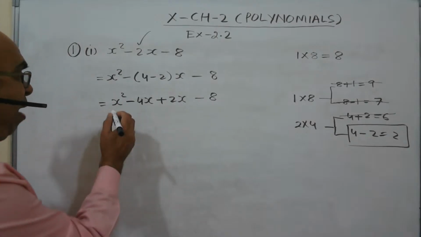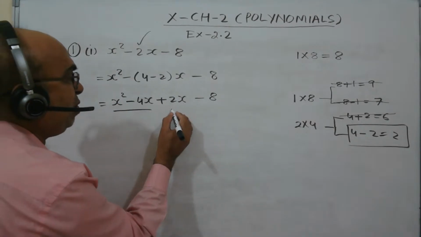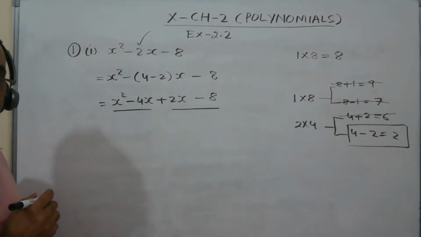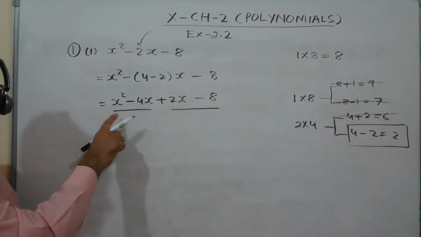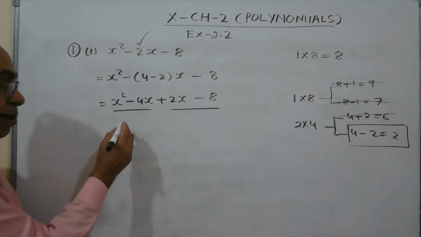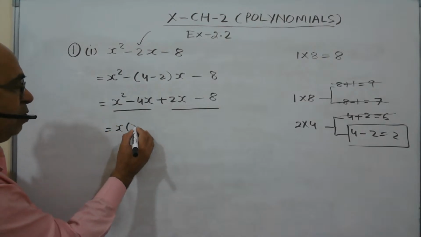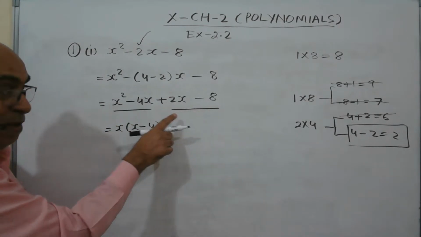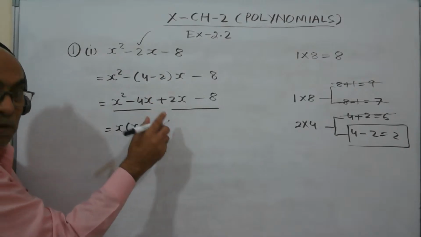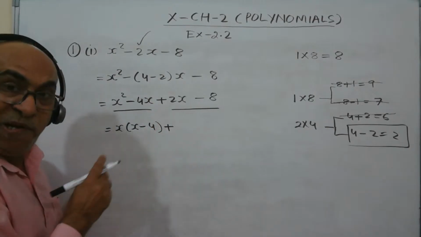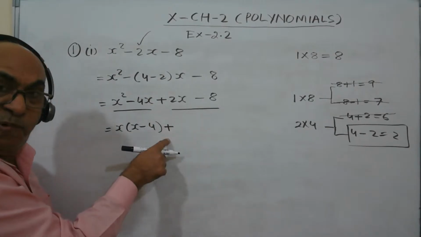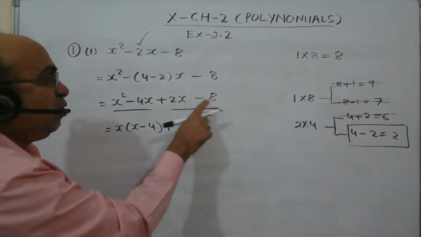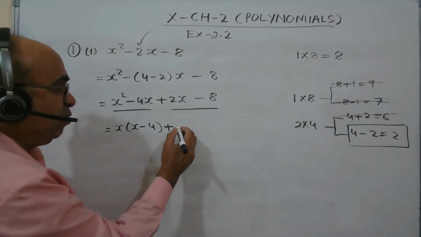Now how many terms are here? 4 terms. You have to take common between the first 2 terms and the last 2 terms. What is common here? X is common. Very good. So x minus 4. What is common here? See here is plus, so you have to take plus common. It is compulsory. If it is minus, you have to write minus. Then what is common between them? 2 is common.